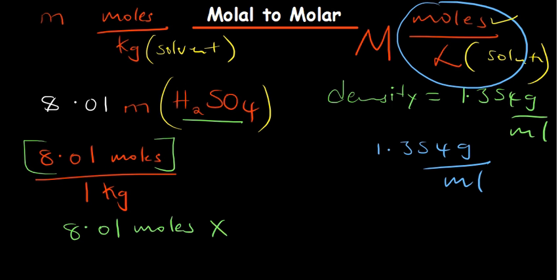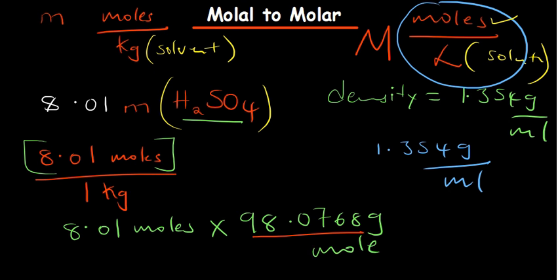Now the molar mass of sulfuric acid is 98.0768 grams per mole. I believe you know how to find the molar mass. That's not something that you should have challenges with. So you can see that the number of moles will cancel out, and what you're going to get is the mass of the solute. So the mass is 785.6 grams of our solute.